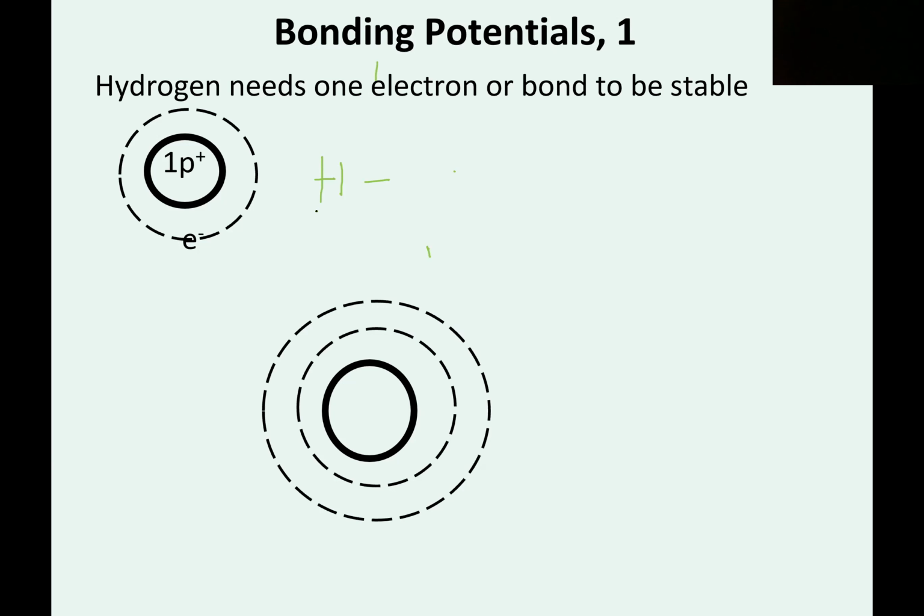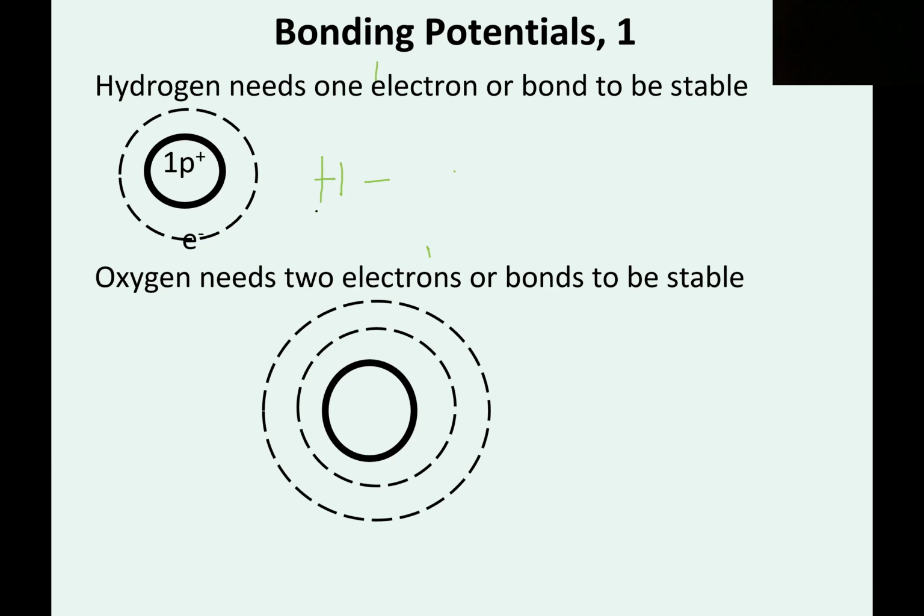In one of the bigger boxes or areas, you need to draw oxygen. Oxygen has 8 protons, 8 neutrons in its nucleus. It has 2 electrons in the first shell and 6 electrons in the second shell. So it's got an opening for 2 more electrons.